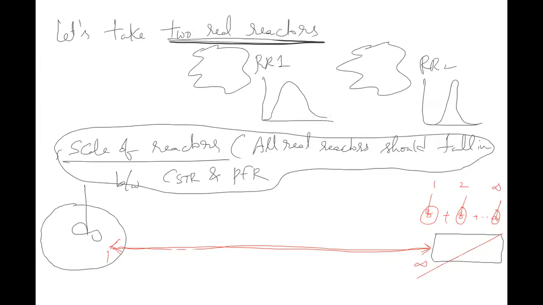Now this real reactor 1 will be more close to CSTR, so it will be fitting somewhere here on the scale. This is real reactor 1. Where does real reactor 2 fit? This is real reactor 2.